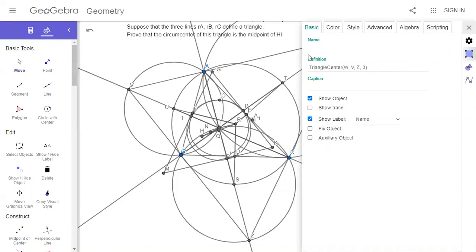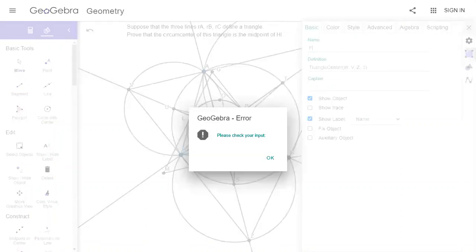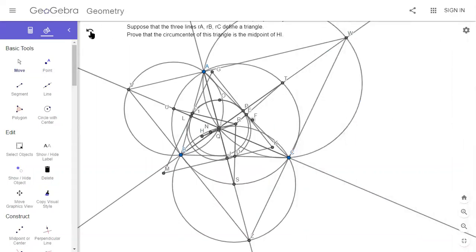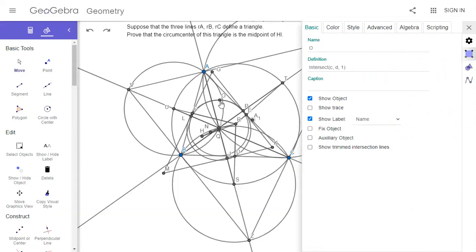I'll just call it F. Oh no, I already used F. A, B, C, D, E, F, G, H, R, S. I think I've used every letter of the alphabet. Okay. I'll just delete this O and I'll call it O.